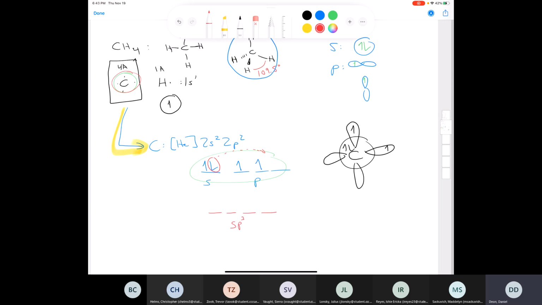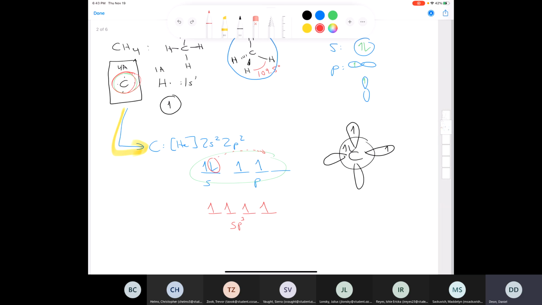And I'm going to have 4 electrons. So I've got 4 unpaired electrons. Beautiful. That's just my Lewis structure. And they're all in orbitals that are identical. We call this a hybrid orbital, because what's a hybrid? If you have a hybrid car, it runs on gas and electricity. Well, a hybrid orbital, in this case, happens to be made of 1 s orbital and 3 p orbitals.